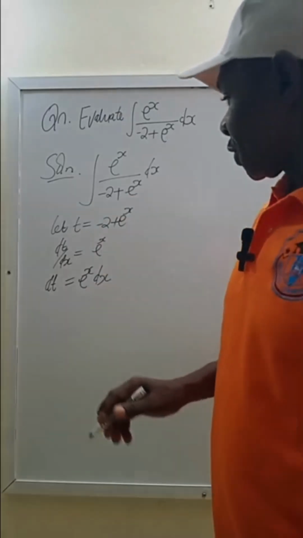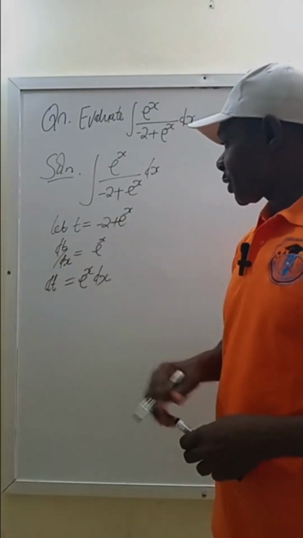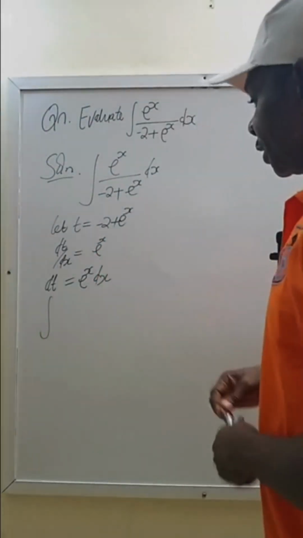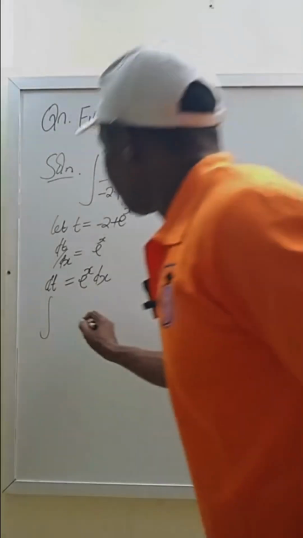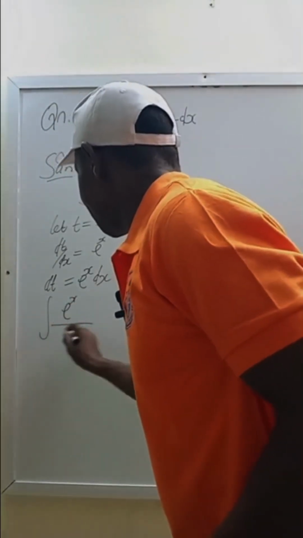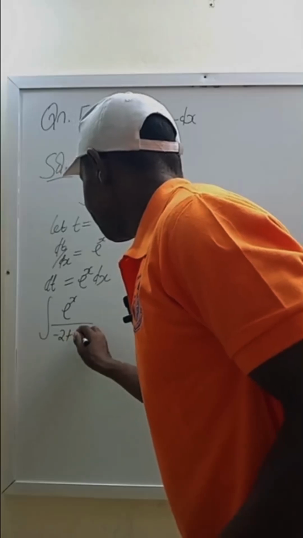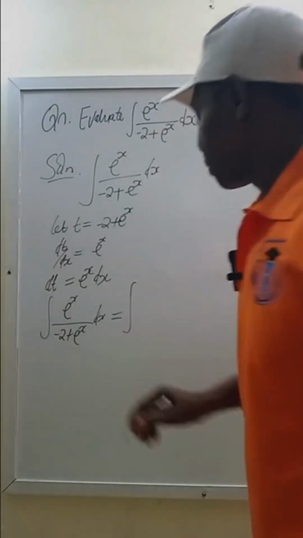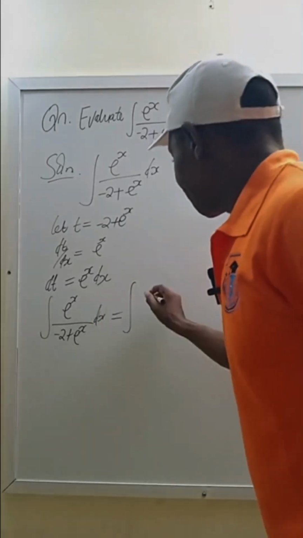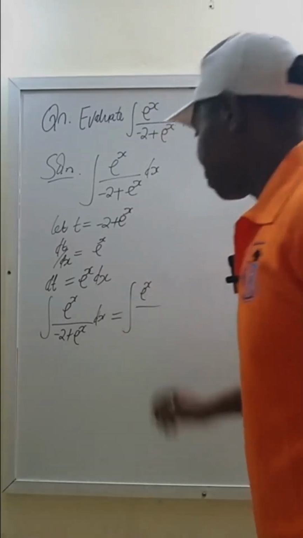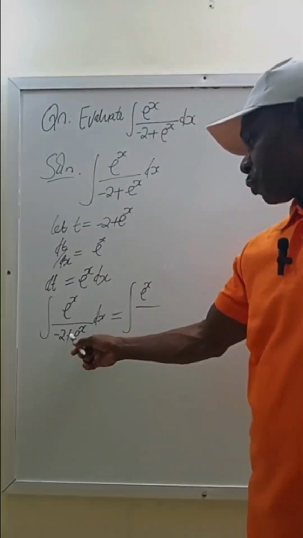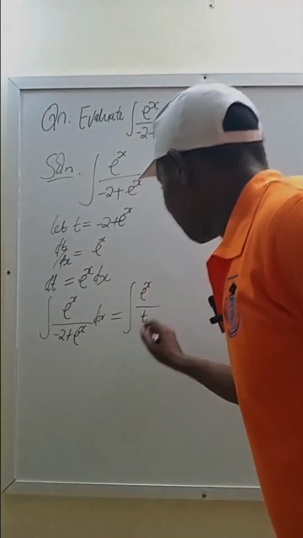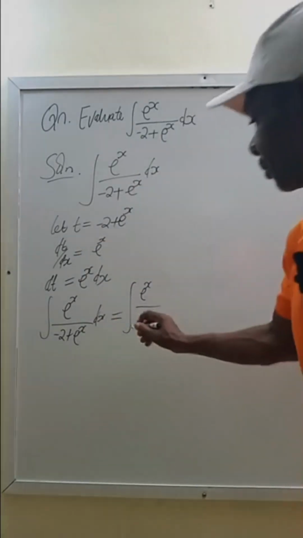Now let's go back to our integration and do the necessary substitution. The integration of e raised to the power of x divided by -2 plus e raised to the power of x with respect to x will be equal to the integration of e power x over, remember our denominator -2 plus e to the power of x is equal to t, so we have t on the denominator, then dx.